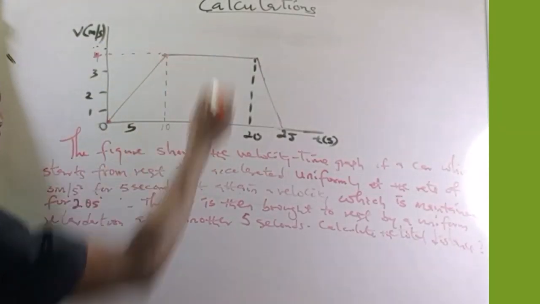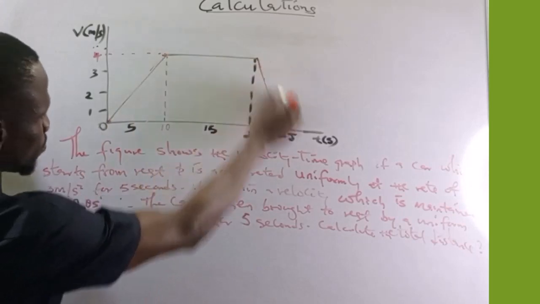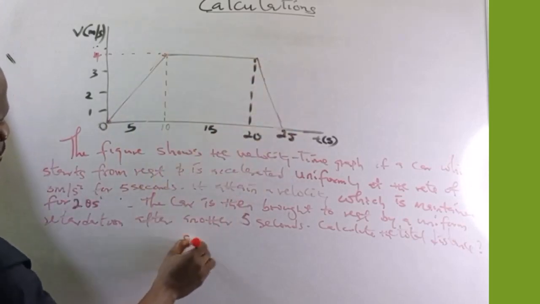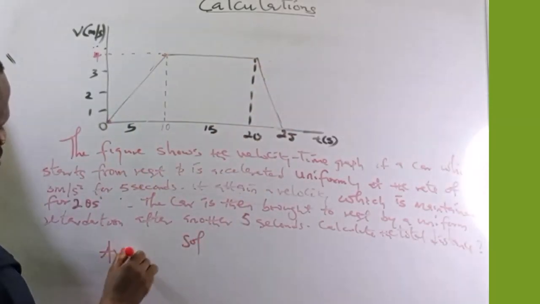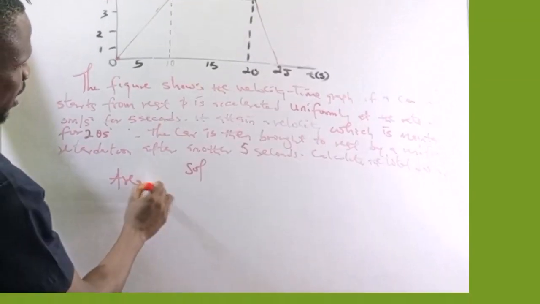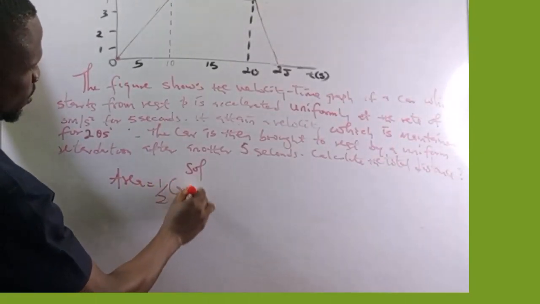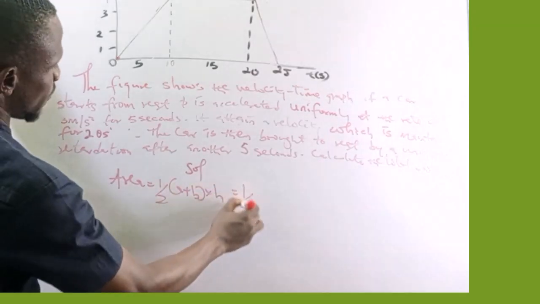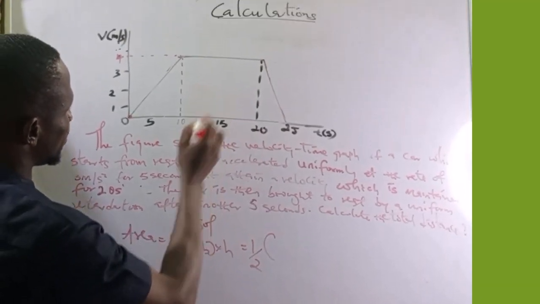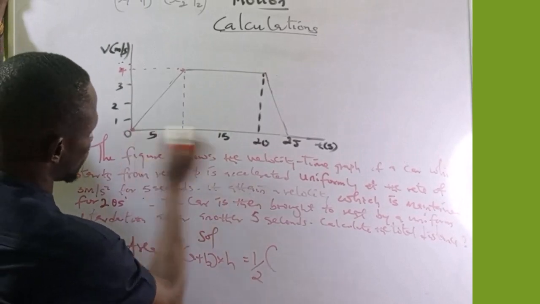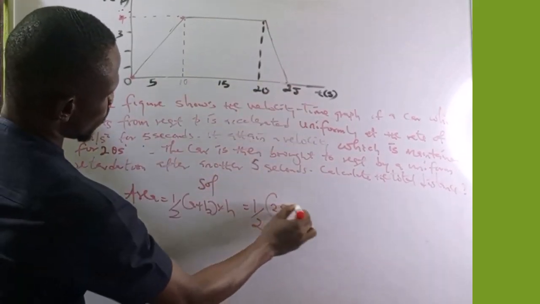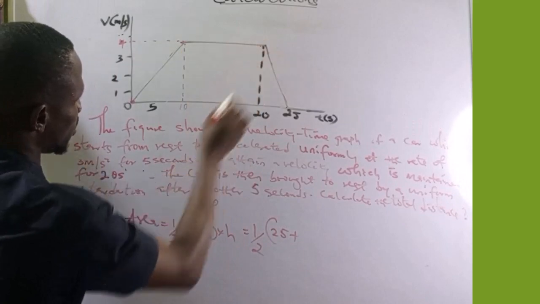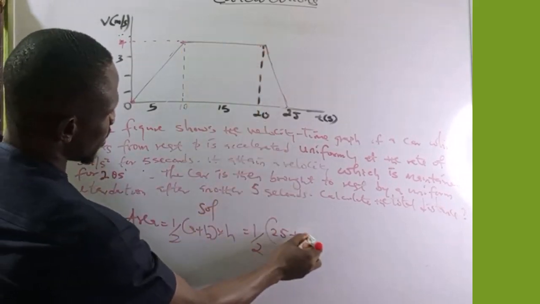Okay, let's work it as the area of the trapezium. What is the area of a trapezium again? Half (A plus B) times height, is it not? So half, what is A? A is the first base. From here to here is 25, plus here to here is 10 to 20, which is 10.